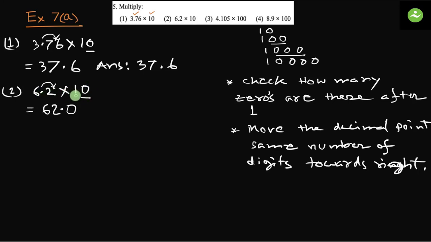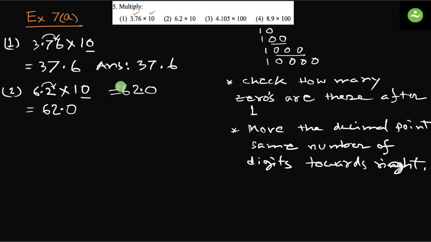If you follow the previous method, when we multiply by a whole number, what did we do? Ignore the decimal point and treat it like a whole number and then multiply, and the result would be 620. Then you put the decimal point one digit from the end.